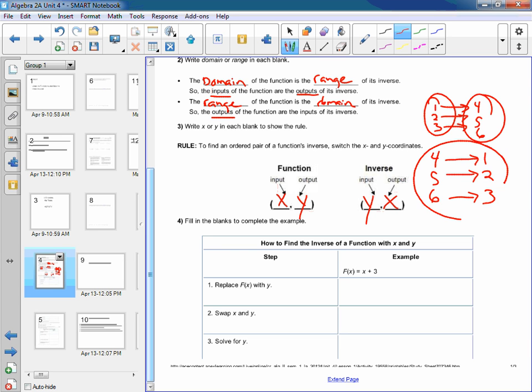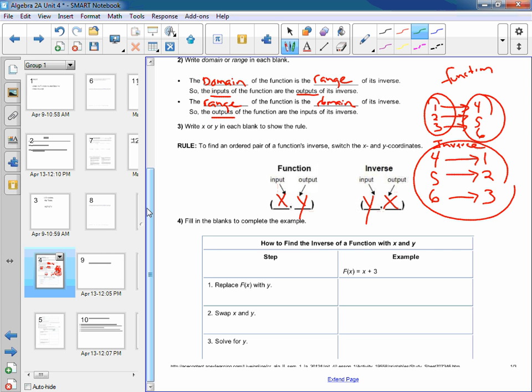So basically it would be reversing. The 4 now goes to 1, the 5 now goes to 2, and the 6 now goes to 3. So if this is a function or a mapping, this is the inverse of that function. That's re-saying what this says here in a different way.